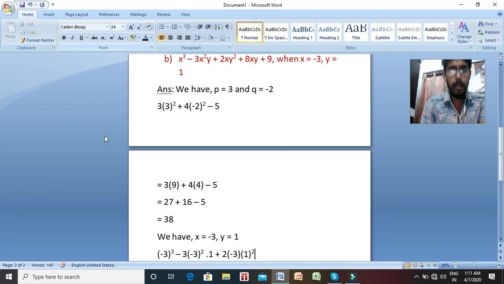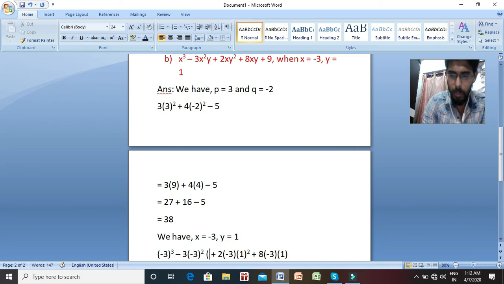Okay, plus 8xy plus 8x is negative 3, and y is 1. Sorry, y is 1. Here also we can put it in bracket instead of giving a dot, so (1). Okay, yeah, so this one 8 into 1 and plus 9 to end it.